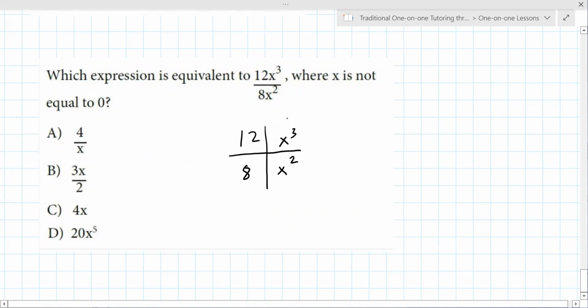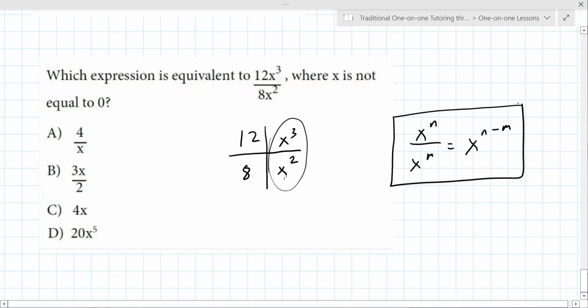Now, do you remember how to reduce exponents? I'll remember when you show me. Okay, so the rule is if the bases are the same, so if you have x to the n over x to the m, you subtract the exponents when you're dividing. So division turns into subtraction.